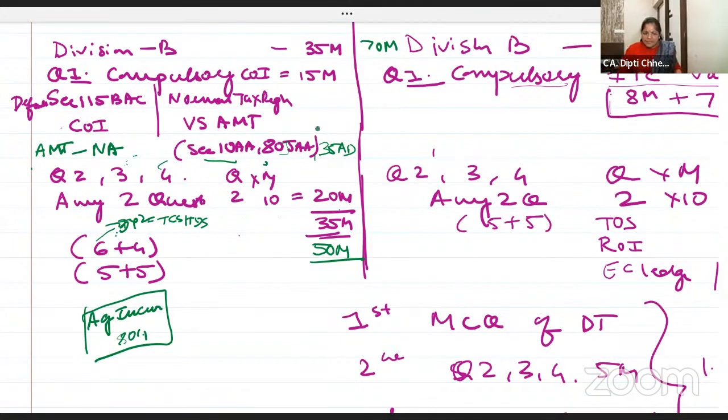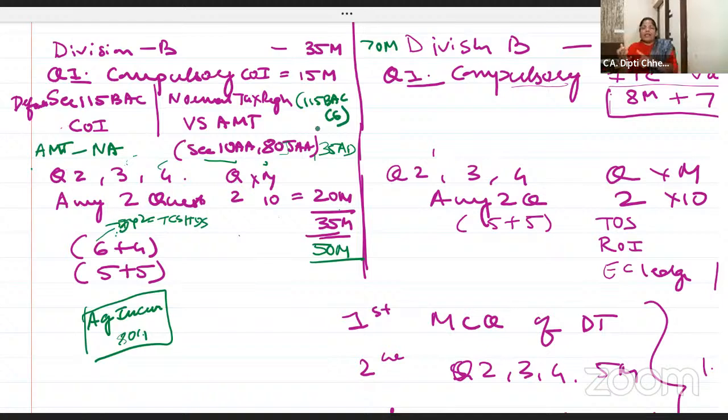Okay beta, did you understand? Let me repeat. Generally it is the default tax regime, 115BAC. Nowadays in the normal tax regime they are saying the person has opted for 115BAC clause 6. Clause 6 means you are opting out of the default tax regime. So default or normal, whichever is lower, pay.